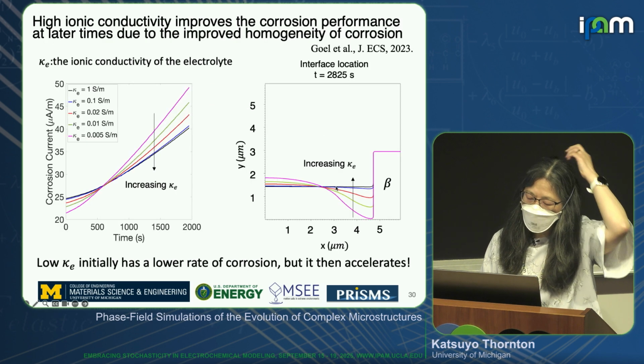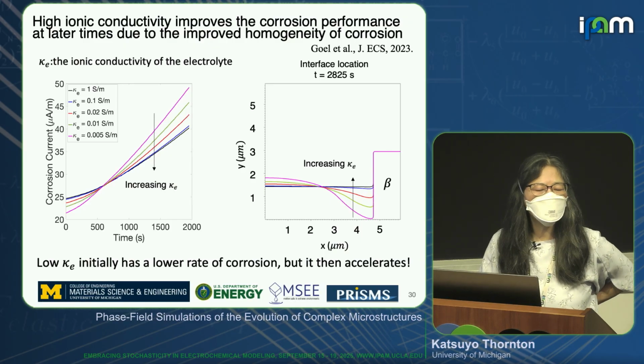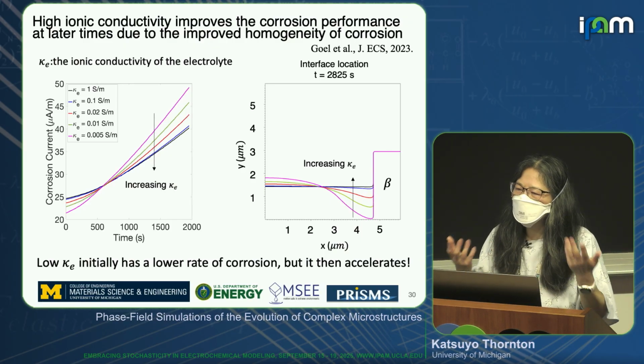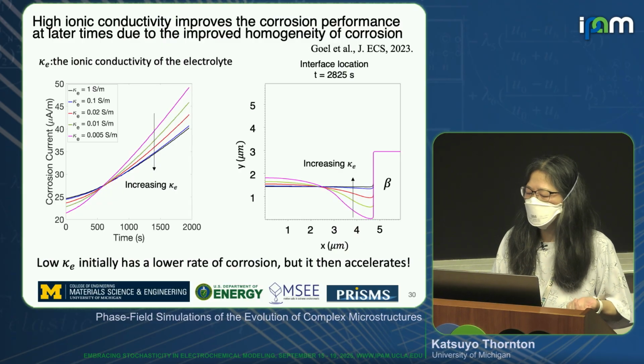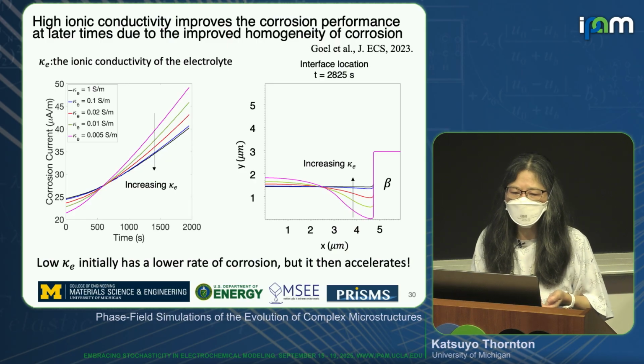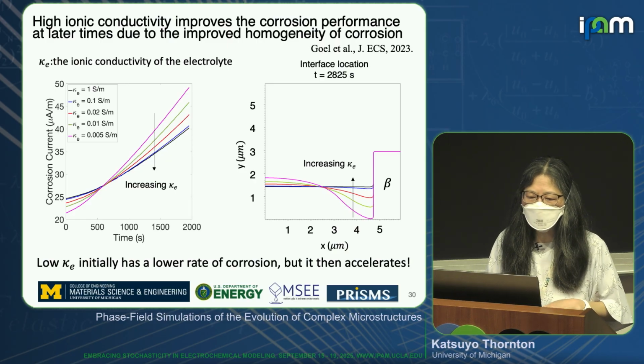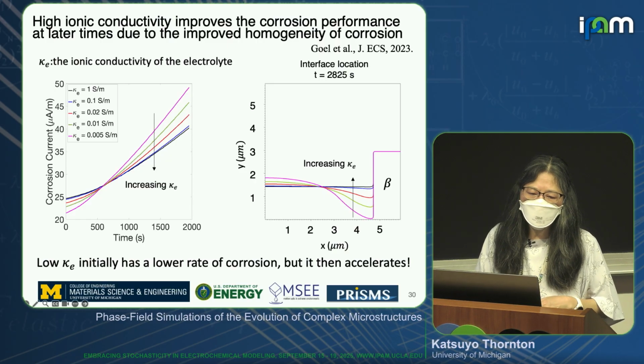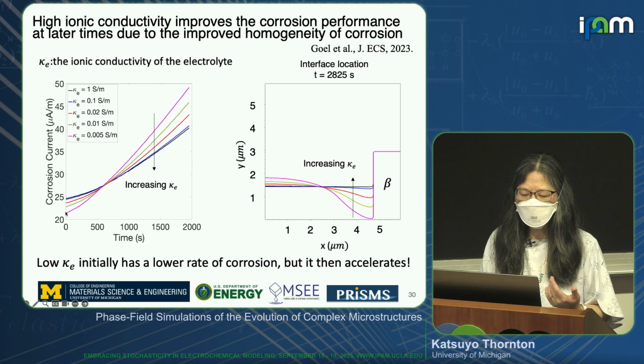We also studied other quantities, like what material properties are important in corrosion. I'm just going to show you one example here, so that I can also talk about molten salt. So kappa sub E here is the ionic conductivity of the electrolyte. And the simulation was similar to this, right?